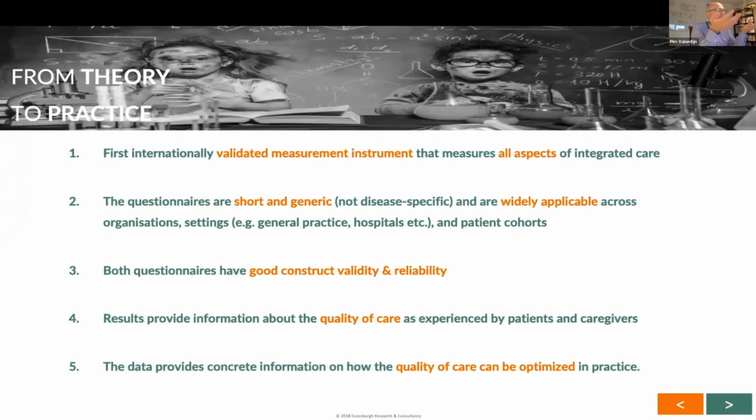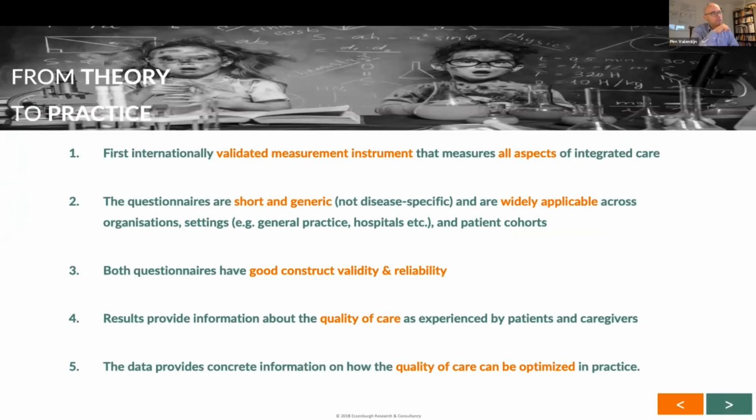And I think we have now been able to validate one instrument which measures all the aspects of integrated care. If you look at the previous studies, most of the instruments or approaches only measure one piece and mainly focus on either clinical or professional integration. And we all know it's broader and more complex than that, and that also needs to be included in your approach.